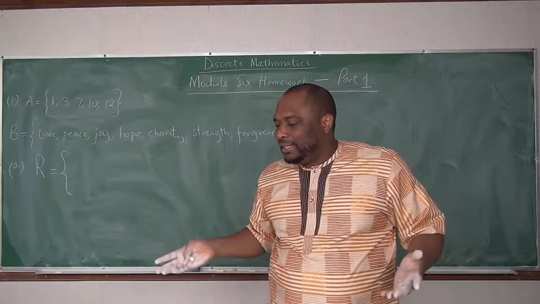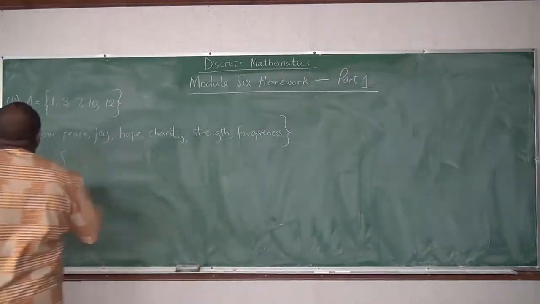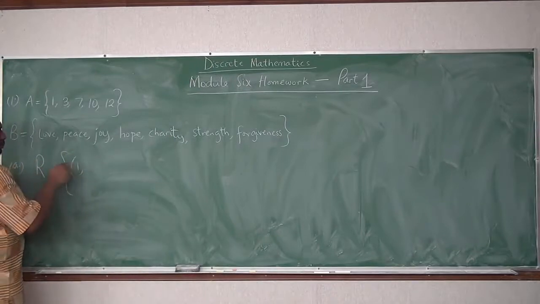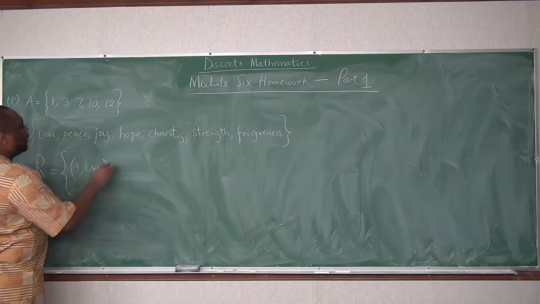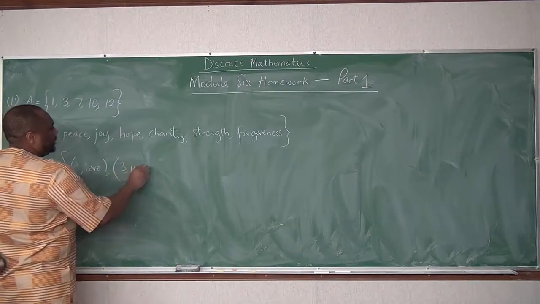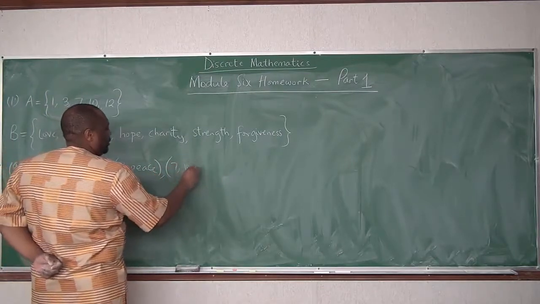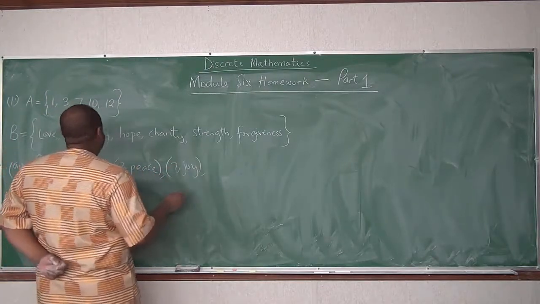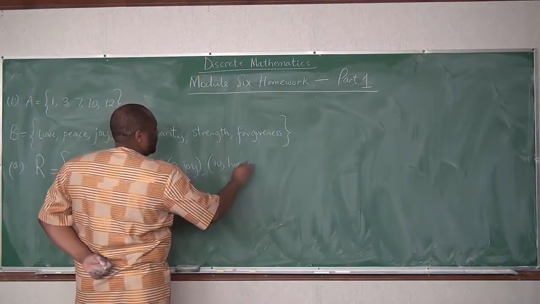They say at least 4 ordered pairs. So I can say, in parentheses, (1, love), (3, peace), (7, joy), (10, hope).